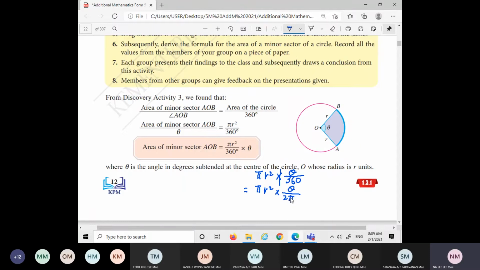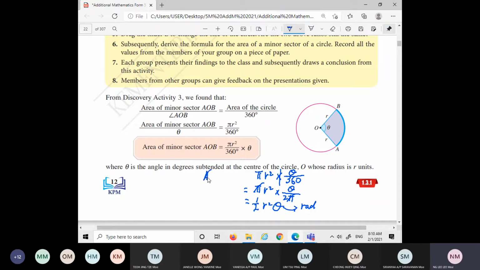Therefore, you see here this pi I cut. The balance will be 1 over 2, then r squared, and then theta. So this is the formula. This theta is in radian form already. This is the formula for the area of a sector.